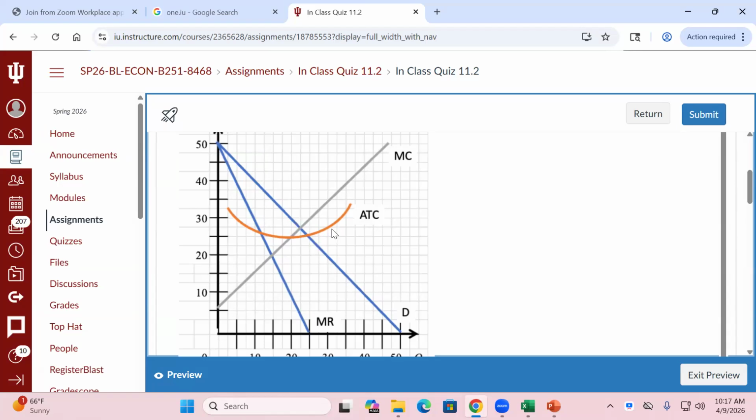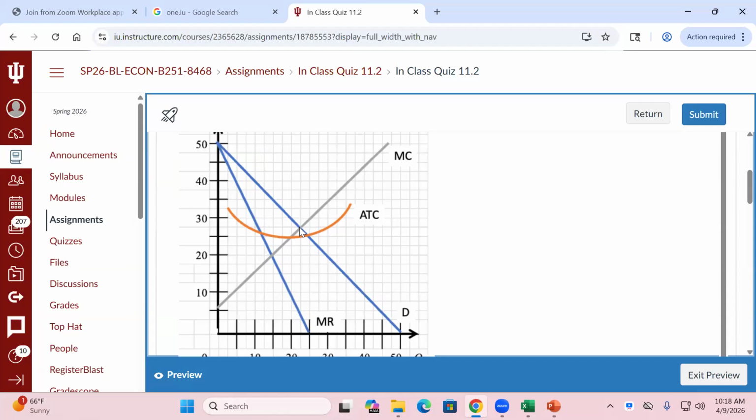Producer surplus, we said, would be the same as total surplus, or that area in between supply and demand, because we have one firm, their marginal cost represents supply. So if I wanted to calculate this here, it looks like it's 5 to 50 times 22.5 times a half. That wasn't one of the questions I asked you, but you could calculate producer surplus. It would be all of total surplus here.